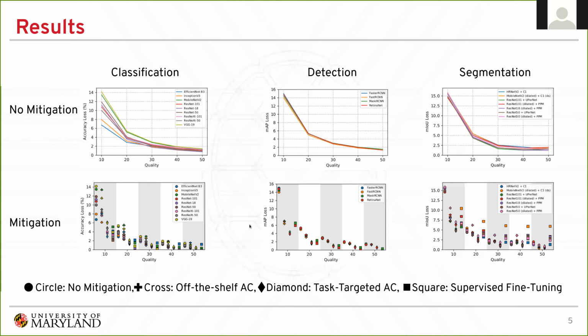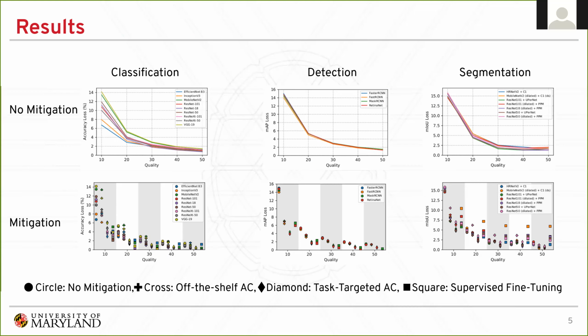And then down here, this is when we start applying mitigation. These charts are kind of fun to read, but basically, the circles are no mitigation, so that's the same as the top row. The crosses are off-the-shelf artifact correction, the diamonds are task-targeted artifact correction, and the squares are supervised fine-tuning.